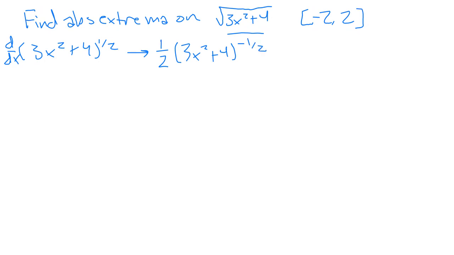And then lastly, we apply our chain rule. The derivative of 3x squared plus 4 is just going to be 6x. If we rewrite it, we get 6x over 2 times the square root of 3x squared plus 4.